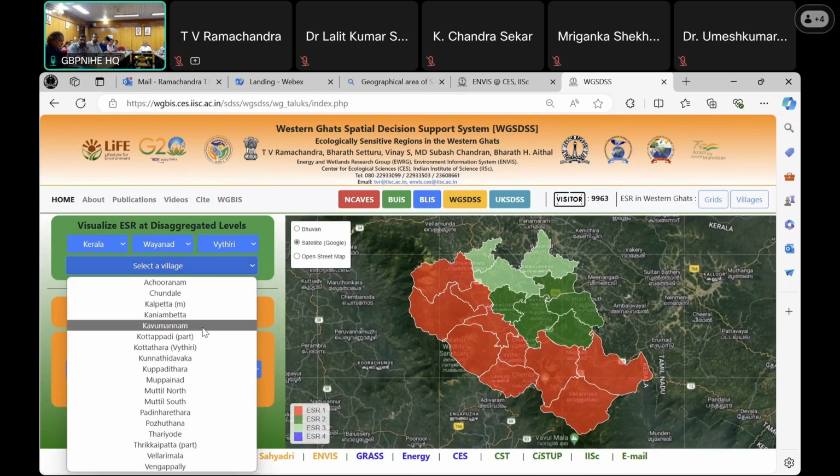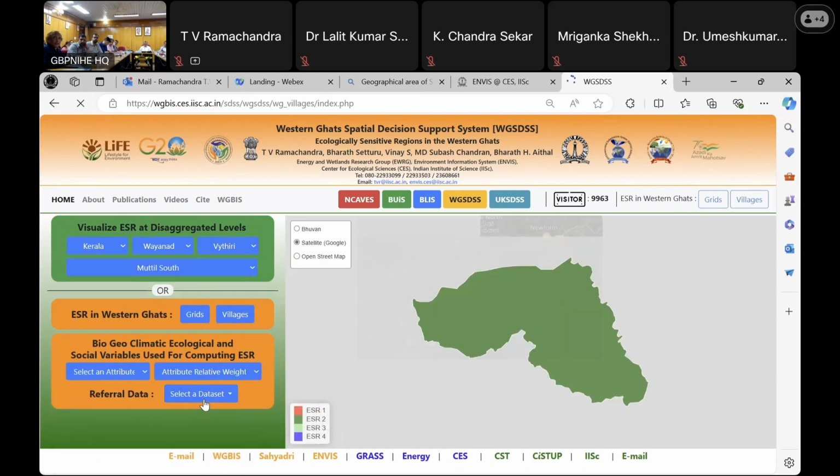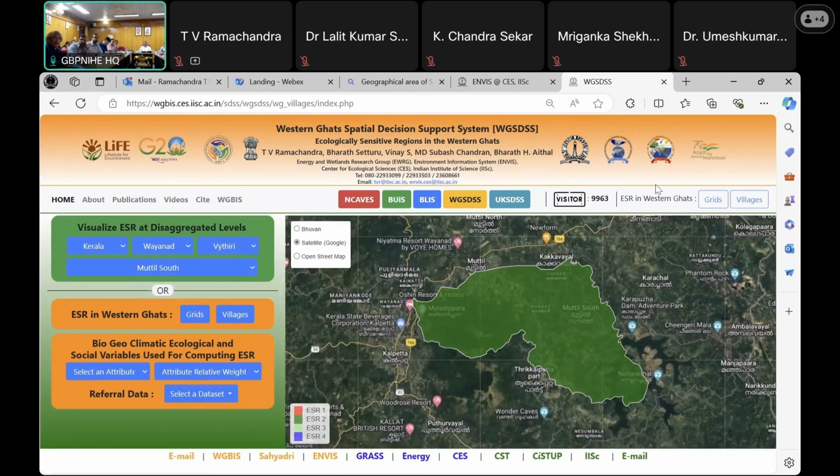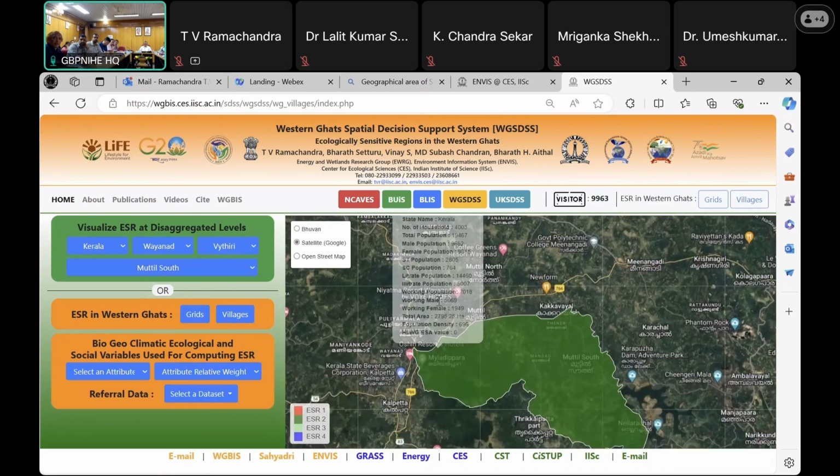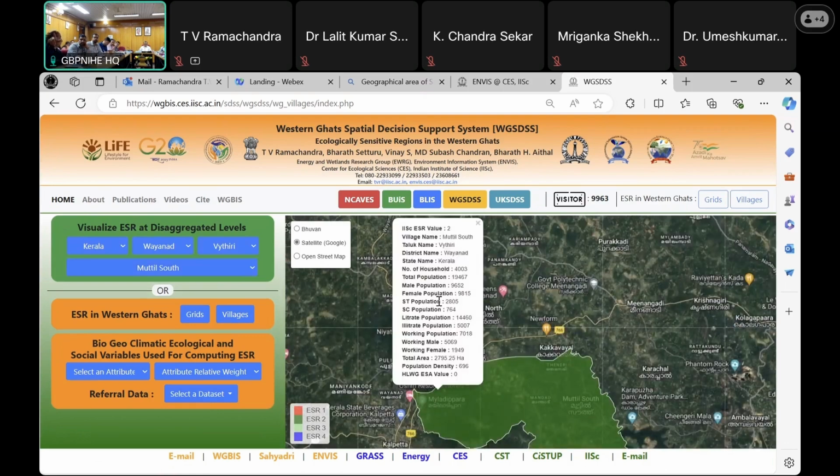Then the associated information: if you want to know why it is ecologically sensitive region 2 or 3 or 1, you can click on that. You will get all the associated data. So for any village in the Western Ghats, this information is available.